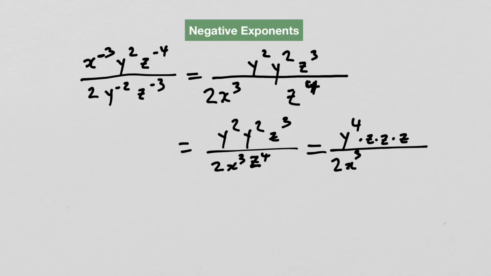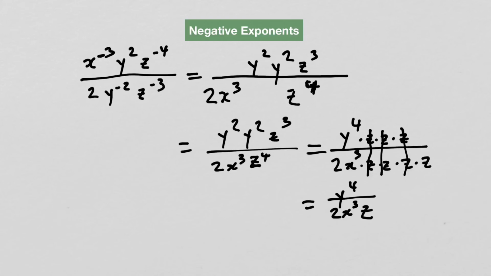Let's write that out too. Z times z times z times z. Oh, look at that. We have 3 z's up top and 4 z's down in the bottom, so these can cancel out. Cancel out, cancel out, cancel out. So we're left with 1 z in the bottom. So now that equals y to the 4th over 2x cubed z.